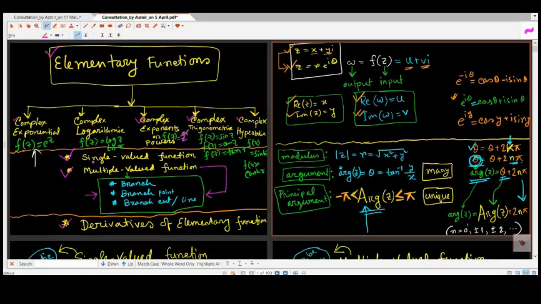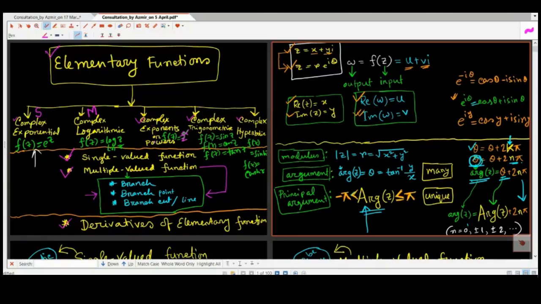So since single valued and multiple valued are mentioned here, I need to mention that complex exponential functions are always single valued function. Complex logarithmic functions are multiple valued functions.